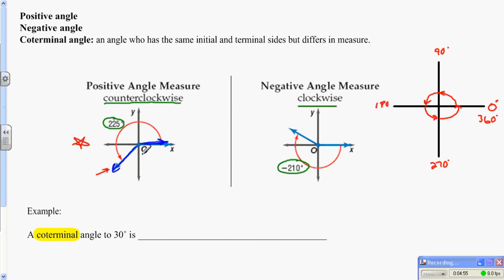If we were to rotate the other direction, however, it would look the same. It would still have the same initial side and same terminal side, but the direction was different. So we would say that the angle of 225 degrees is coterminal to the angle of, and we would find that missing degree by subtracting it from 360.